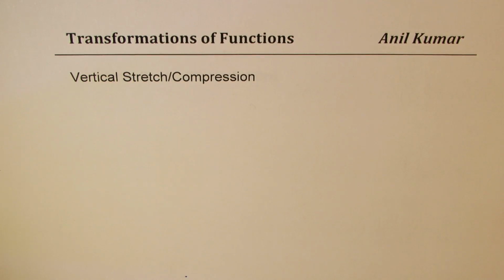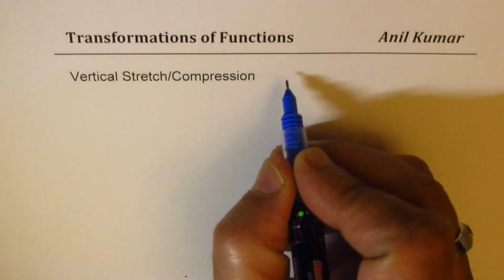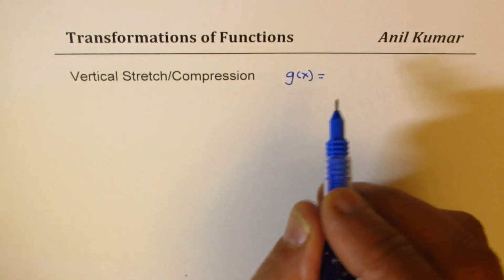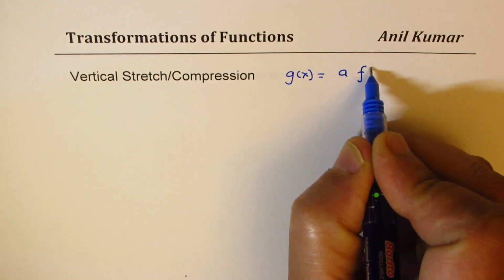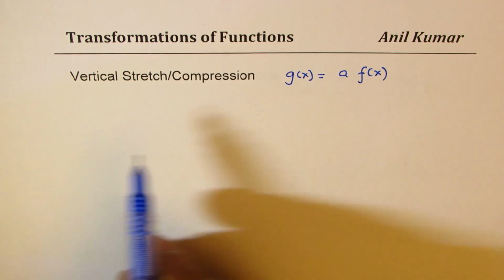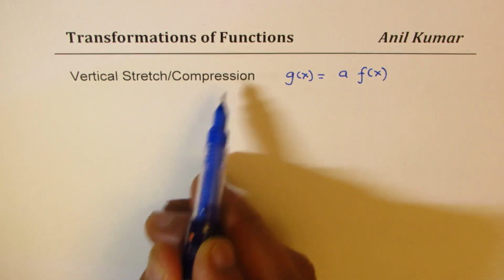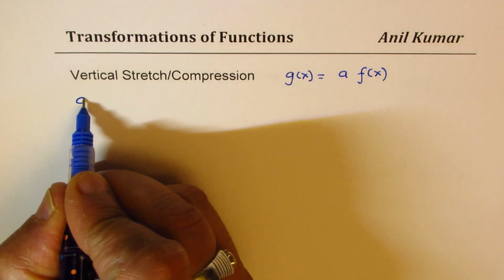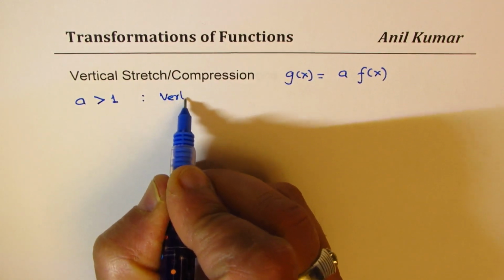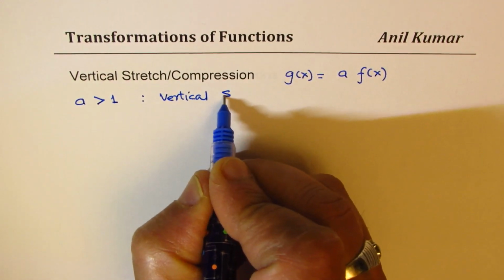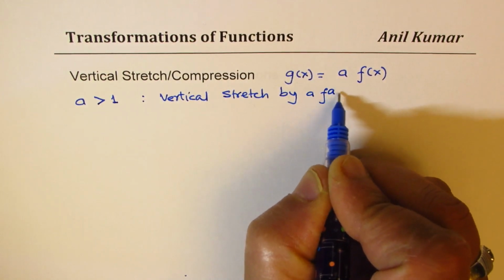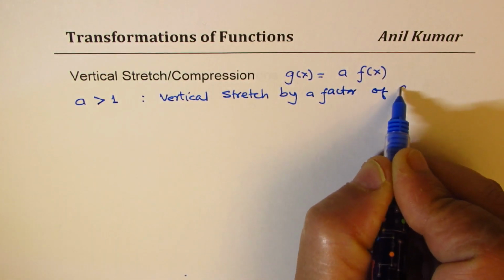Now we'll discuss vertical stretch and compression. The function g of x is said to have vertical stretch or compression if it is written like a times f of x. Depending on the value of a, it could be vertical stretch or vertical compression. So if a is greater than 1, then we say it is a vertical stretch by a factor of a.